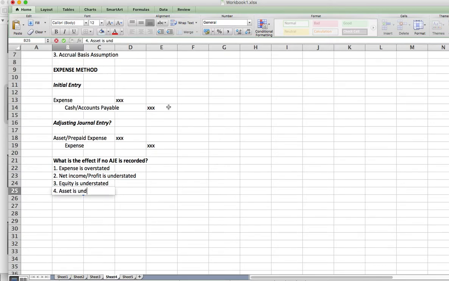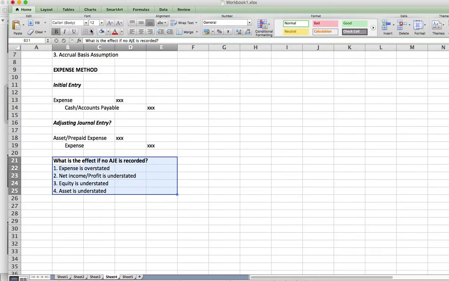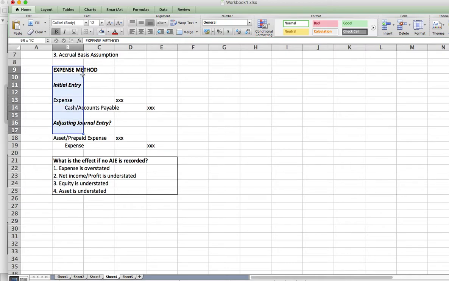Asset is understated. So remember this. This might come out in the exam. What is the effect if no adjusting journal entry is recorded? Always remember this. You have to know that. Okay? So, malinaw ba yung expense method? Malinaw ba?